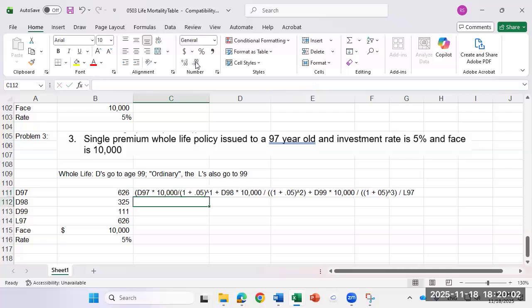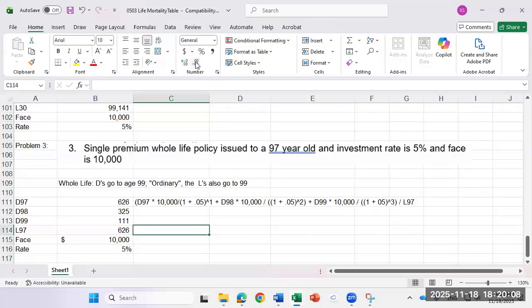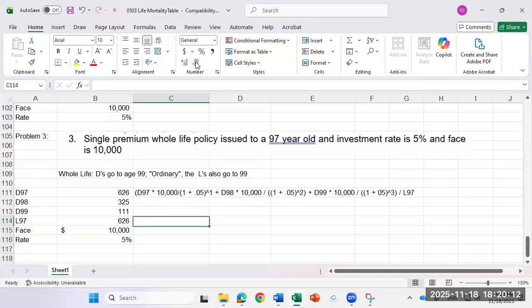Now, what's going to be more expensive? The level term was 48 bucks. What do you think this one's going to be? Is it going to be 48 bucks? How many of these 626 people are going to die? I got an error right there, don't I?